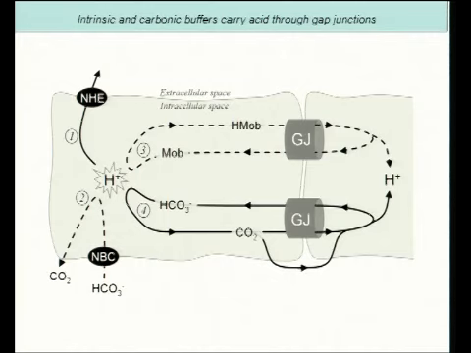So we can summarize how we believe the pH waste disposal system operates, at least in multicellular tissue. So we've built up from a subcellular to a cellular to a multicellular level. And we can see that the protons, when they're generated within a cell, are transported and shuttled to surface membrane proteins which extrude the acid from the cell. They're also shuttled spatially within the cell through gap junctions into neighboring cells, which tends to even out the pH load.